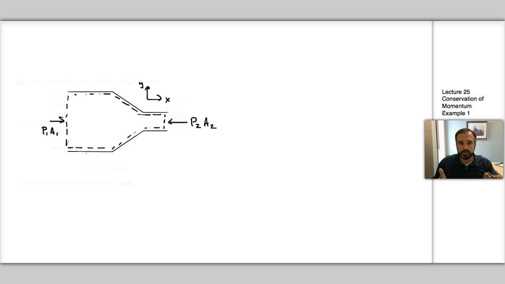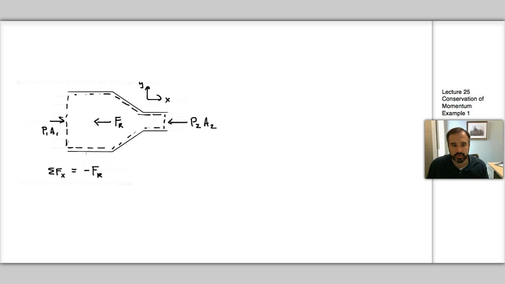And then we also know that there's going to be some resulting force, and you can draw it however you want, but I'm going to draw it towards the left here. And this is the resulting force. And this is really going to end up being the force that we really want to know. So those are the forces acting on the system itself. And so we can now say that the sum of the forces in the x direction is going to equal negative Fr.